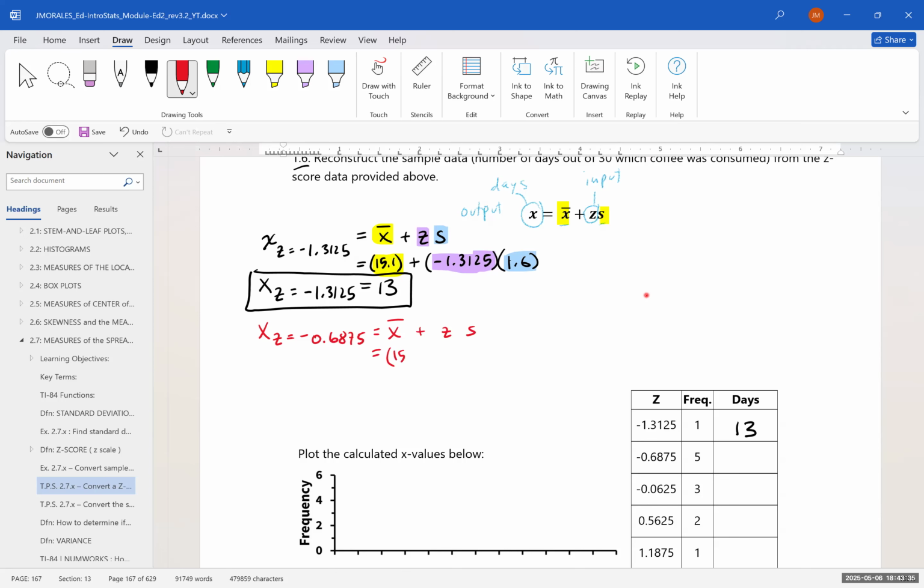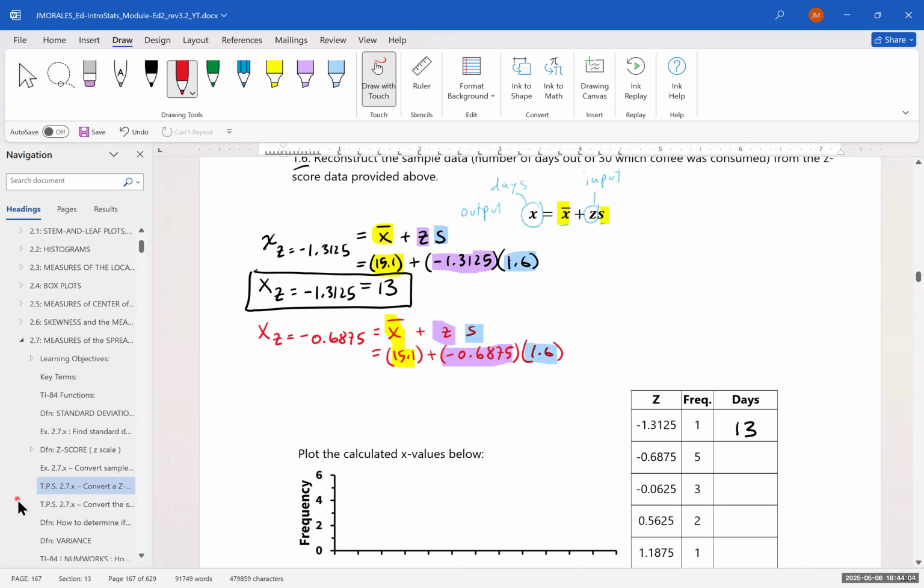X bar is 15.1 plus z, which is negative 0.6875, times s, which is 1.6. Again, substituting.